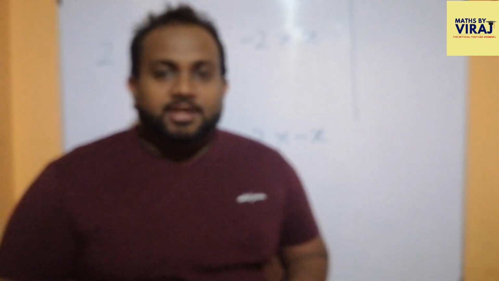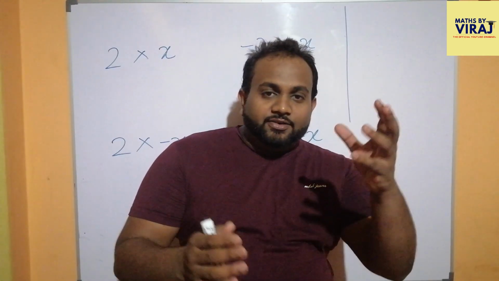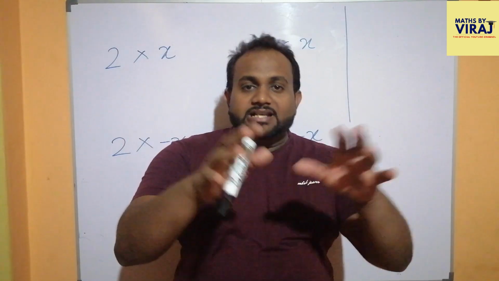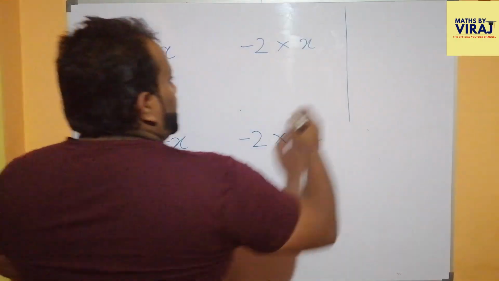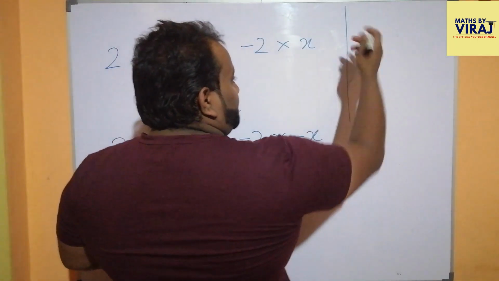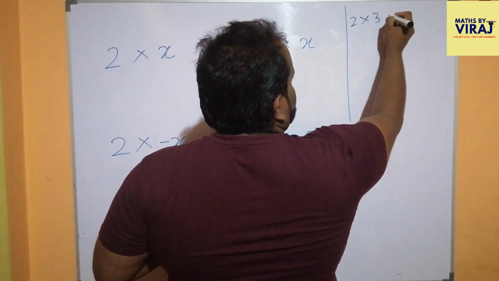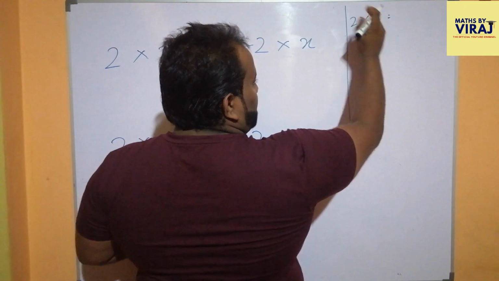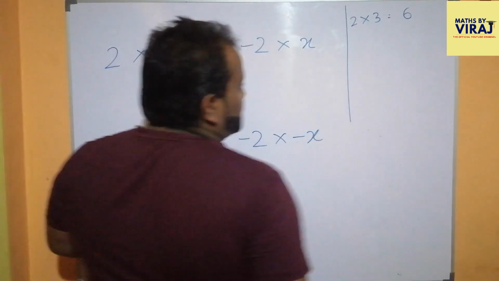Now let's see what answers we are going to get when negative, positive numbers and variables are multiplied. We know from the first video on algebra, 2 into 3, plus multiplied by a plus number, the answer is plus 6.